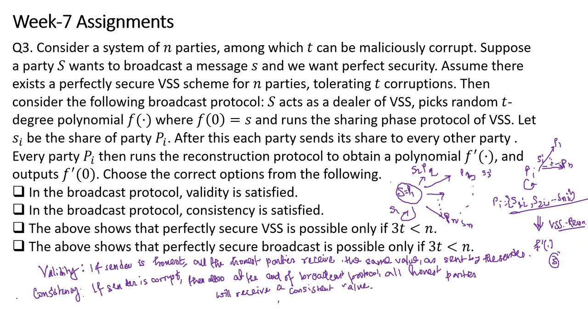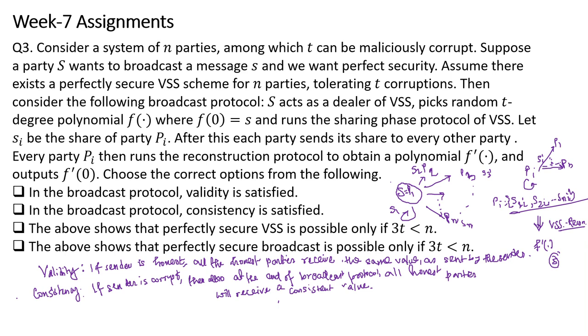Now similarly, in the case of the verifiable secret sharing protocol, we talked about strong commitment, where it says that even if the dealer is corrupt, at the end of reconstruction all the honest parties will not get the same original secret S, but they will get some S star, so that the polynomials received by the honest parties from the dealer are consistent with the recovered value S star.